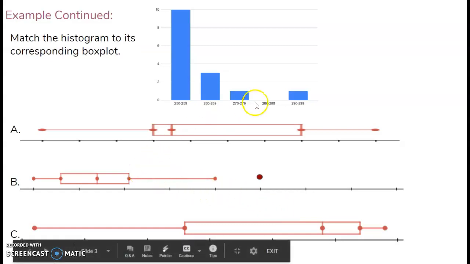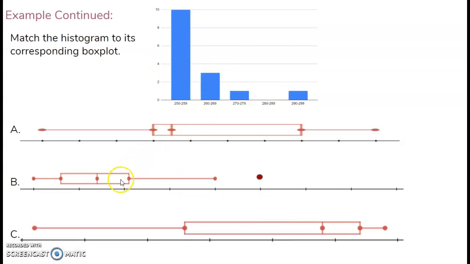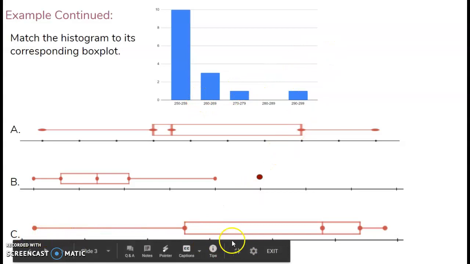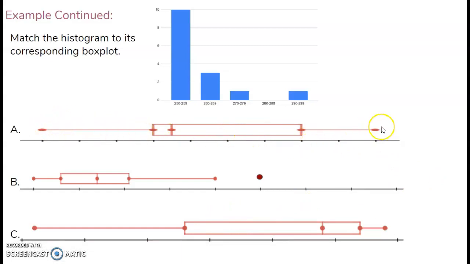Kind of see that because my data was stacking over to the left, my box plot is stacking over to the left. If my data was stacking over to the right, I would have chosen C because this whole box plot is leaning more towards the right. And then A is looking very spread out. Look at the lows way over here and the highs way over here.